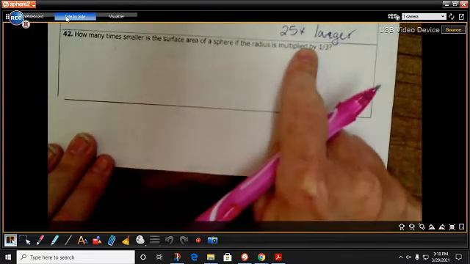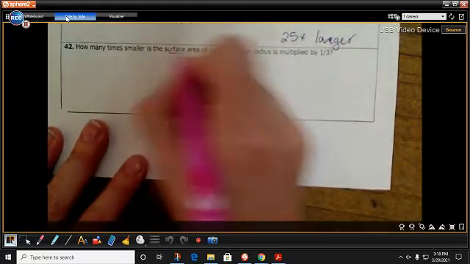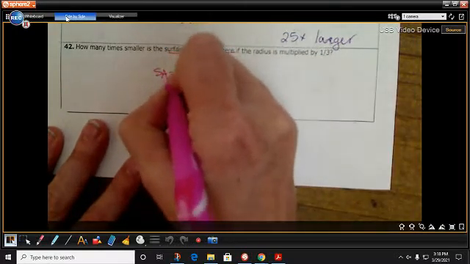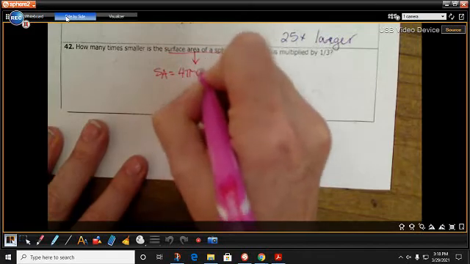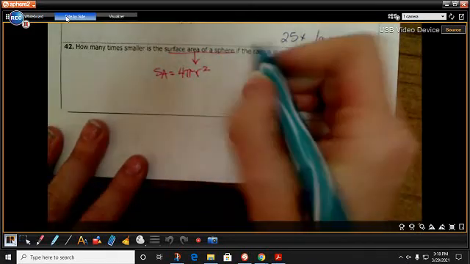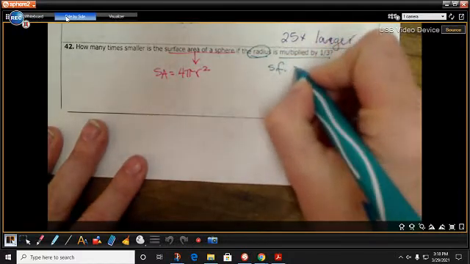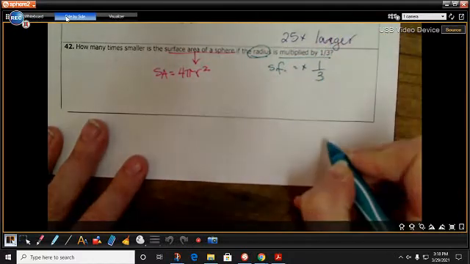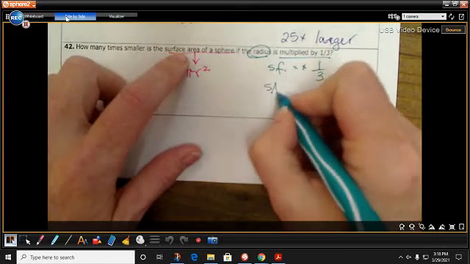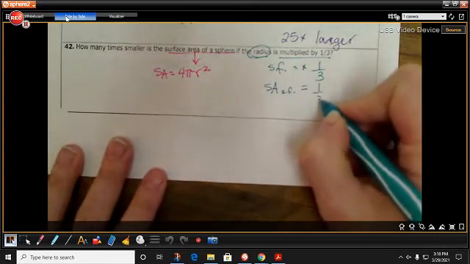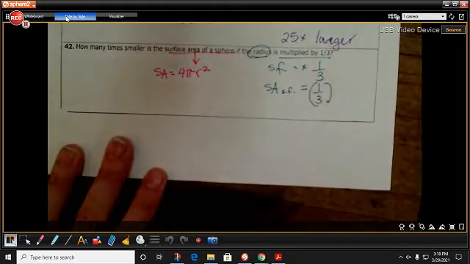Now, going smaller. I've got the surface area of a sphere. So for my surface area formula, I know that's 4 pi r squared. And I'm going to take that radius and multiply it by 1/3. So my scale factor is multiplying by 1/3. So for my surface area scale factor, or my surface area ratio, I'm going to have to take that 1/3, and again, I need to raise it to some power.